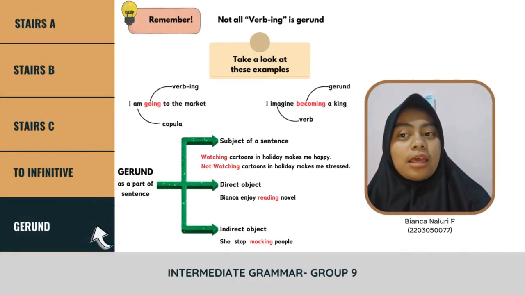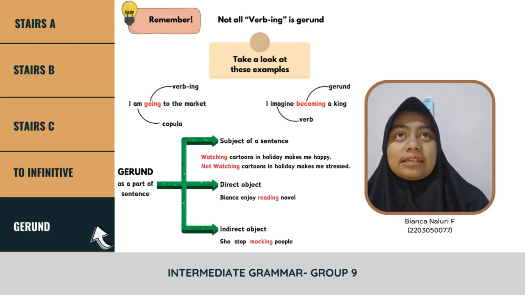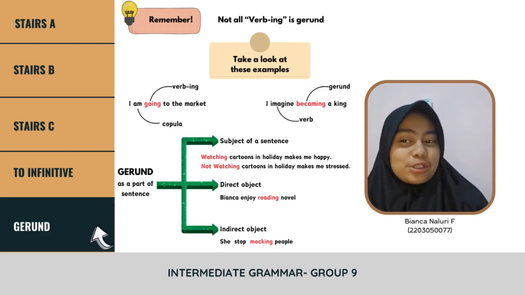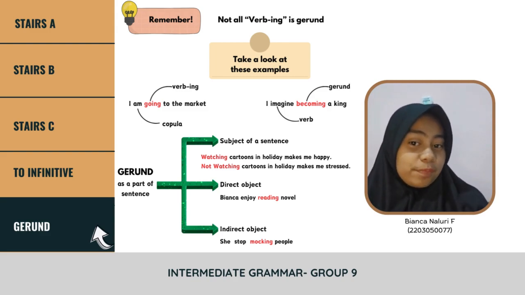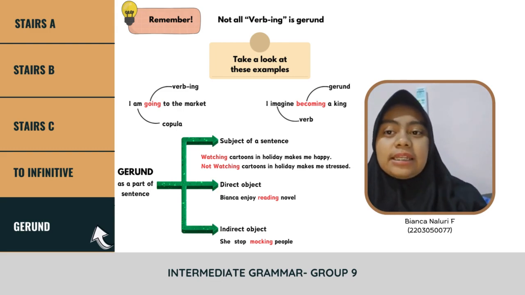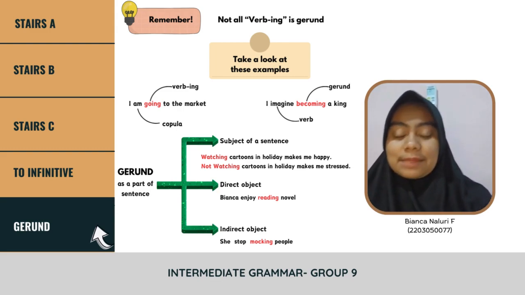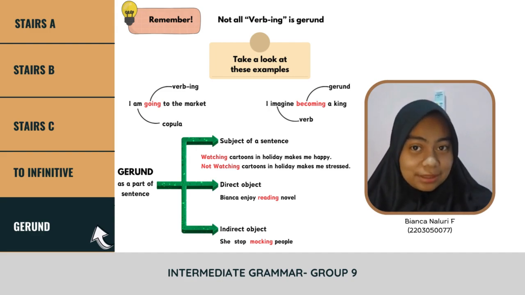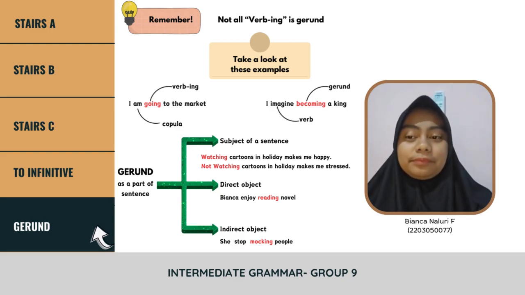Alright, after you already know how to form gerund and how to use gerund in daily speaking and grammar, the important thing you must know is that not all verb-ing is gerund, like I explained before in the first slide, because verb-ing sometimes is a present participle, not a gerund.